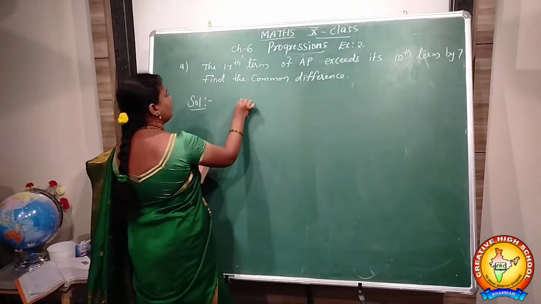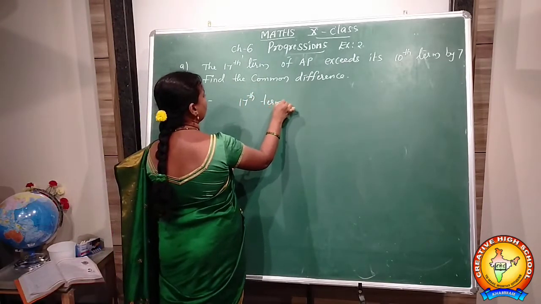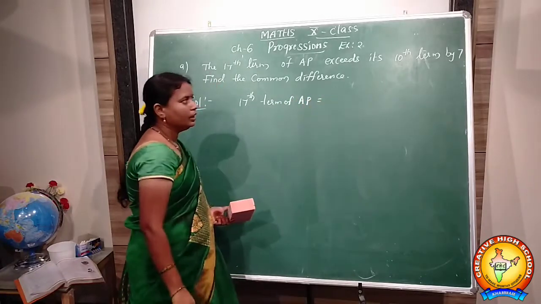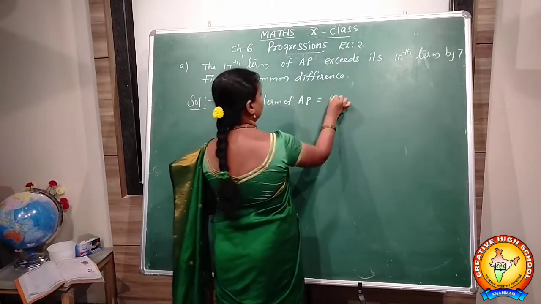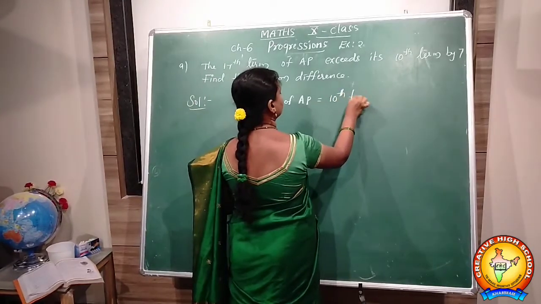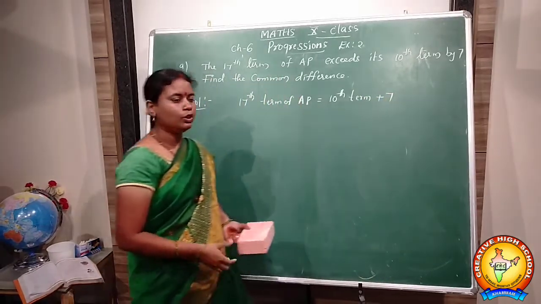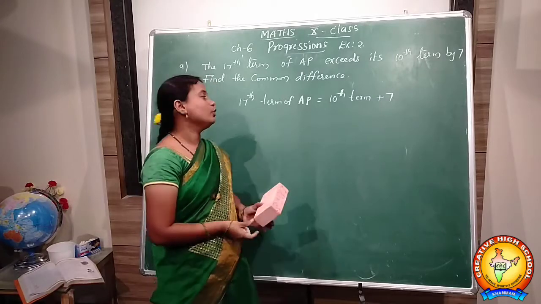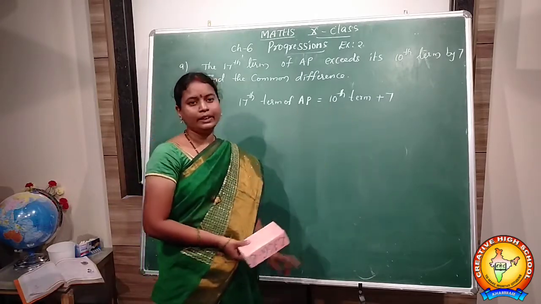So according to the question, the 17th term of the AP is equal to the 10th term plus 7. Here we don't know the A value, but we know the formula to find the 17th term and also the 10th term.